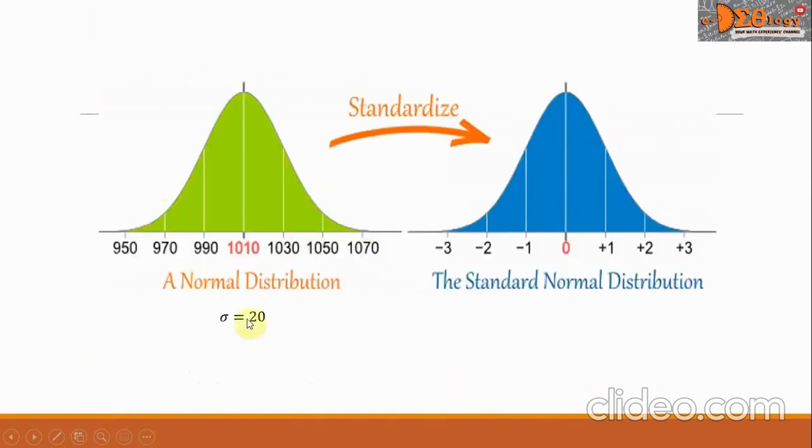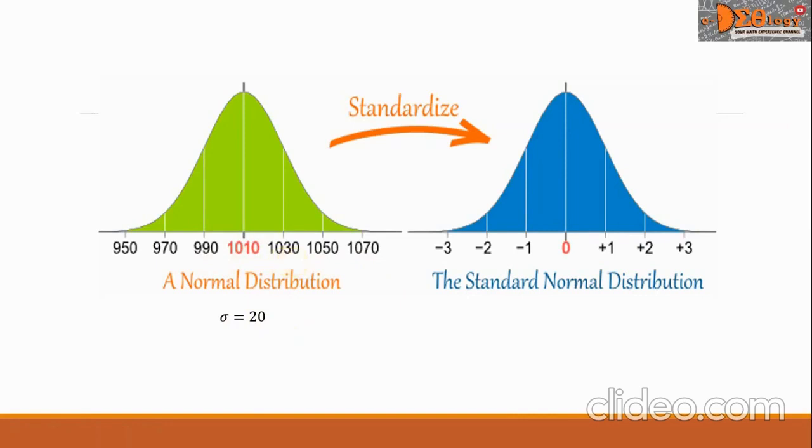Let us have this example. Here is a normal distribution. The mean is at the center at 1010. Sigma, or the standard deviation, equals 20. In here, the interval of the numbers are measured by the standard deviation. The center at 1010, the next number is 1030.